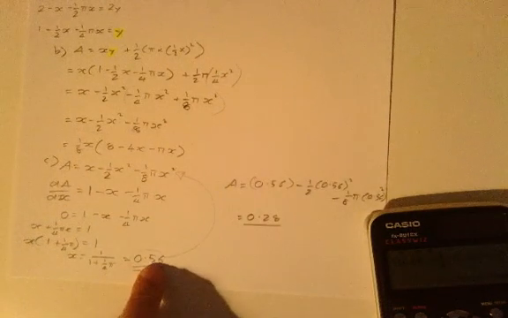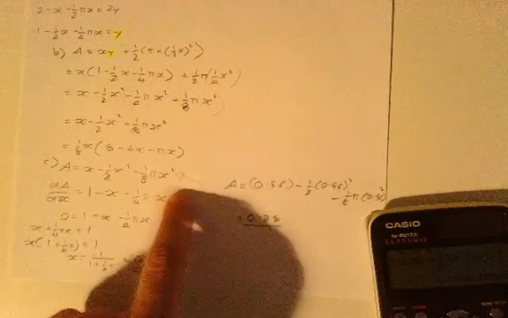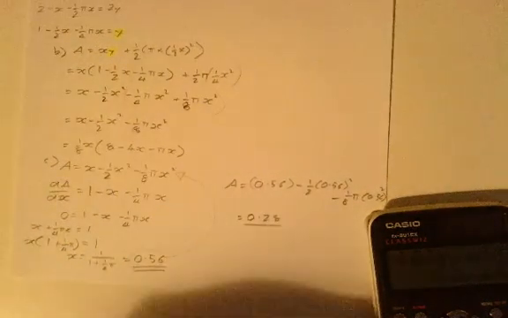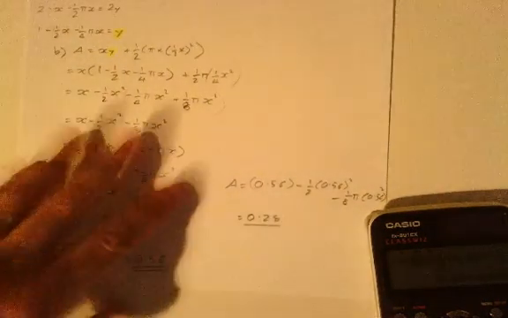Okay, so you figured out that the maximum occurs when x is 0.56. You then sub that back into your area, and that gives you your answer there.